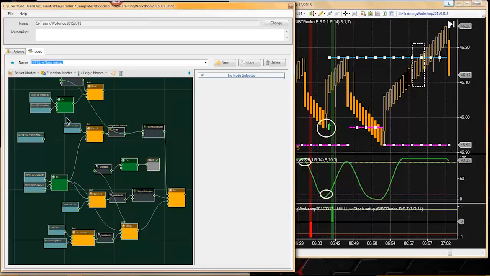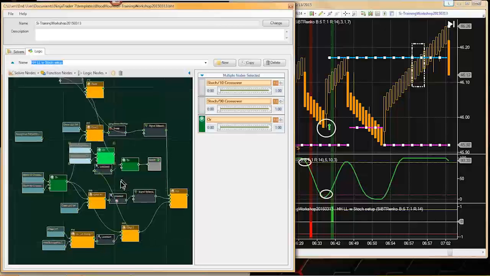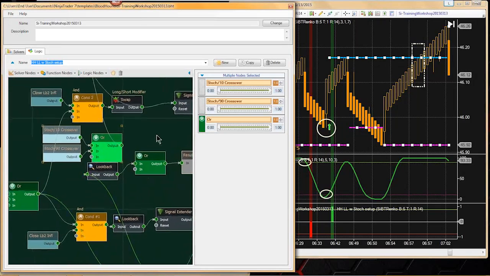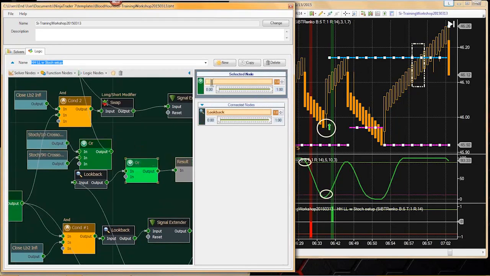So actually, you know what? I'll just take these guys and repurpose them. All right, so this OR node is going to be our new reset logic.